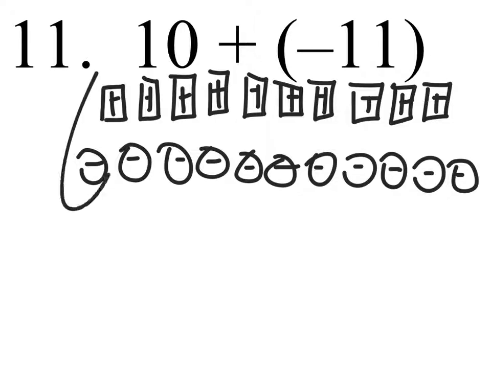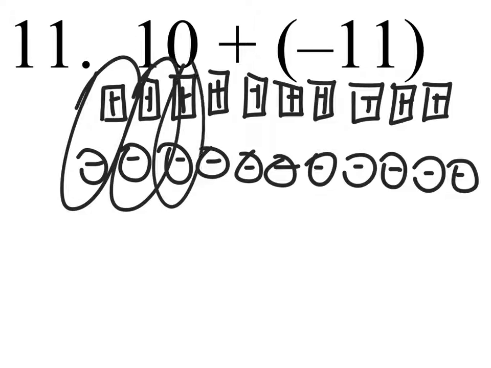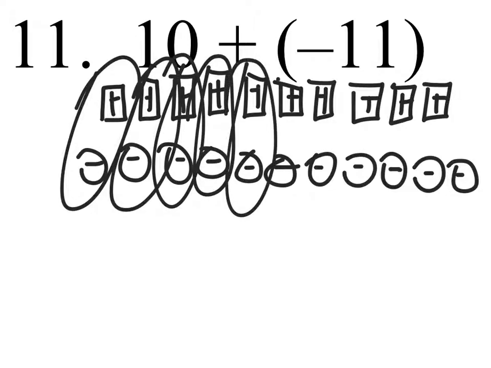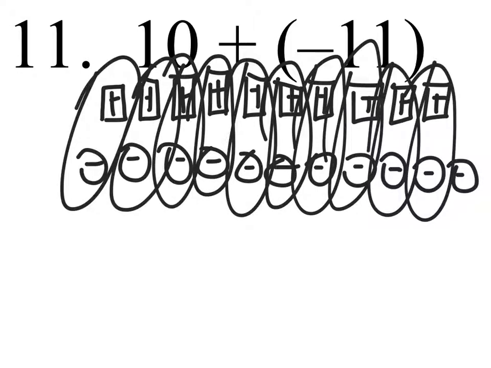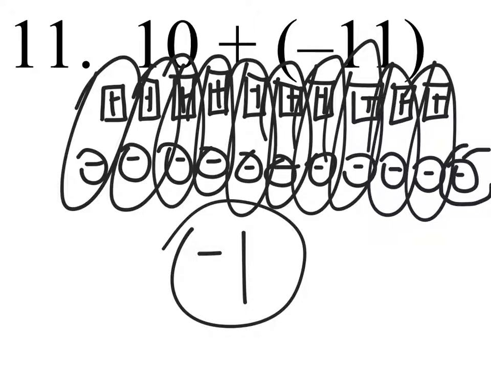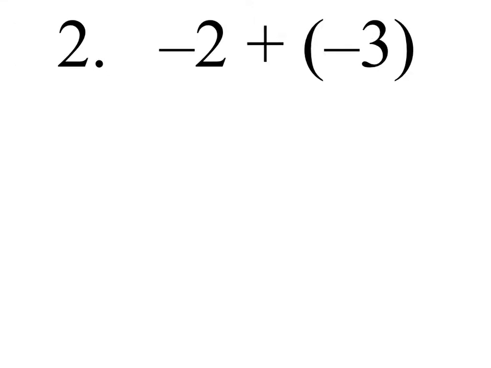So there would be 10 zero pairs, and the answer would be -1. Excellent work. Very good. Let's give ourselves these first two.